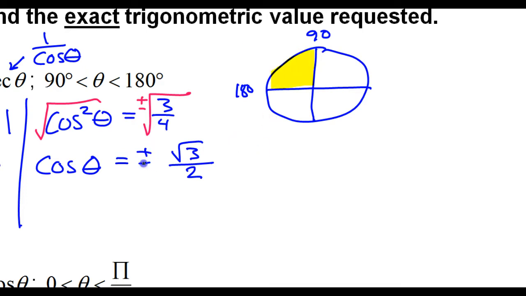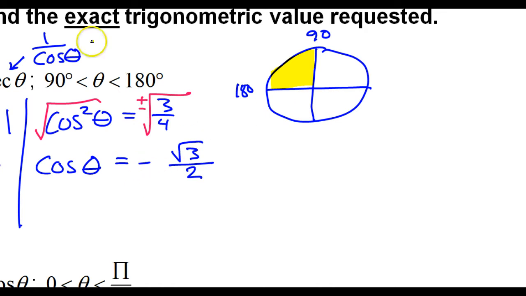I'm mentioning that because now we can decide, is it positive or negative? Well, is cosine positive or negative in this quadrant? It'll be negative because cosine is x values on the unit circle, and x values are negative over here to the left. So we can dispense with the plus or minus based on that and go with the minus.